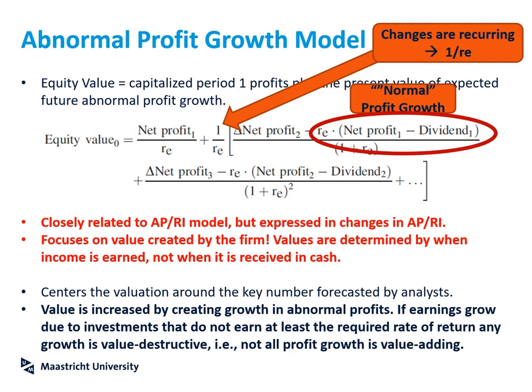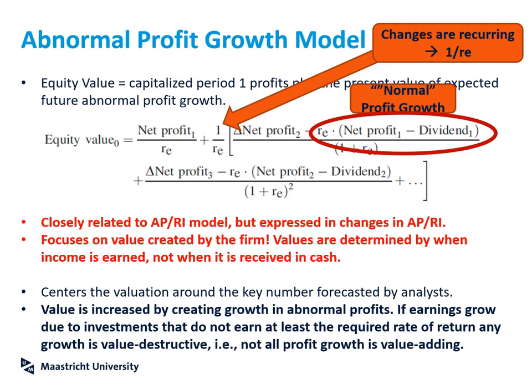And any net profit growth we will have in the year after that comes on top of profit growth that we have next year. So that's why we multiply everything in brackets still with 1 over the cost of equity. Any abnormal profit growth persists and also affects the years after the year in which we have the abnormal profit growth.